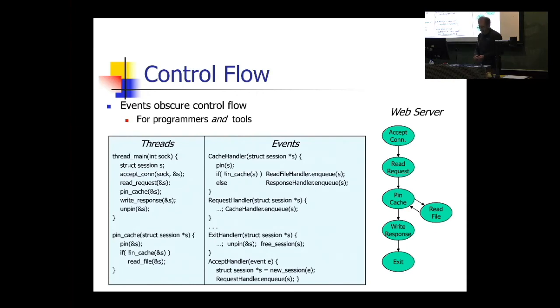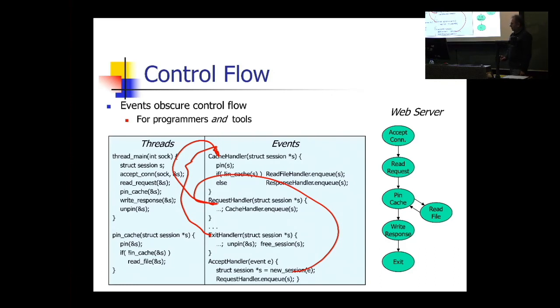Because here we're sort of going from accept up to request, up to cache, and back down to exit eventually. Okay? So threads, what you see is largely what's happening in the order that it's written. In the event handler model, yes, within an event handler it's in the same order, but how the events relate to other event handlers is kind of completely opaque to how it's written.